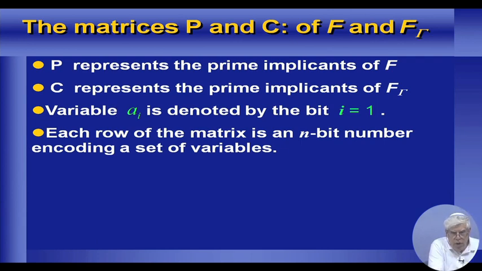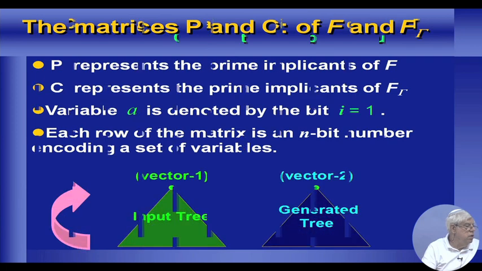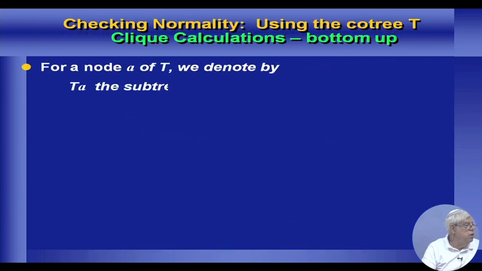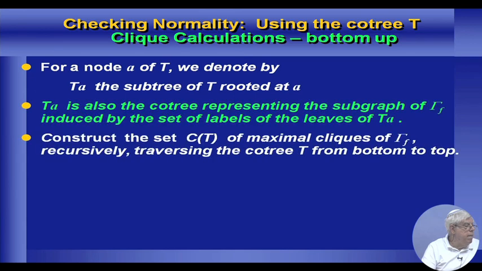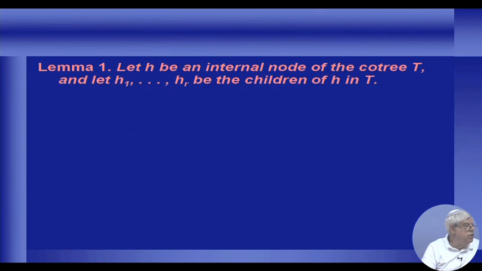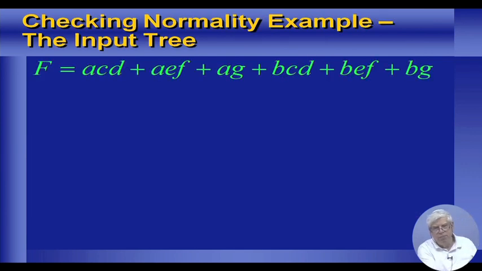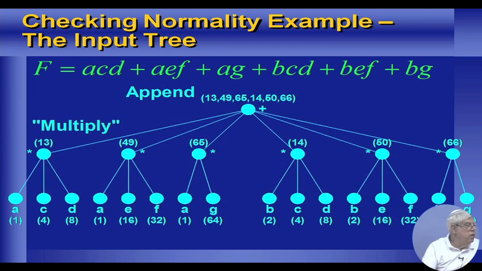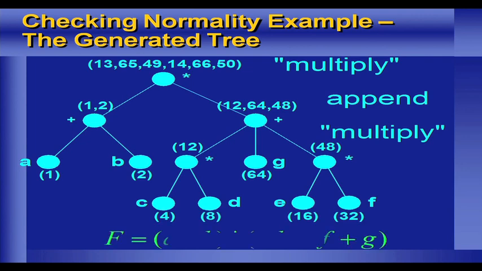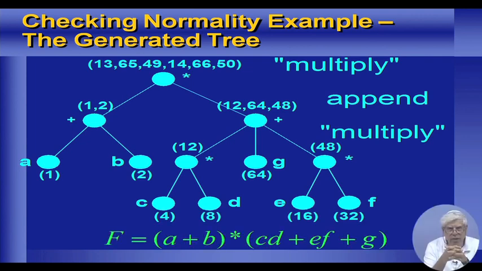So what do I have with me? I have my CoTree, and from that I want to find all of the maximal cliques of the CoGraph. It's better for me to do it on an example. Here's my example.